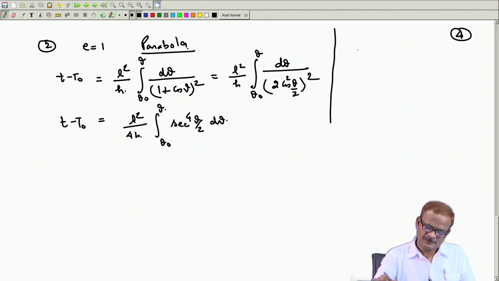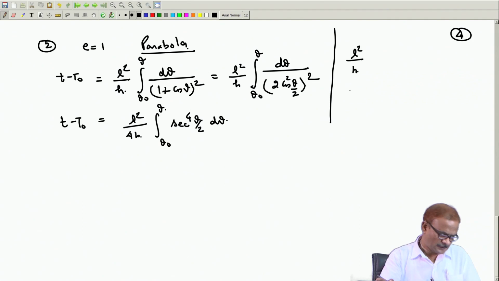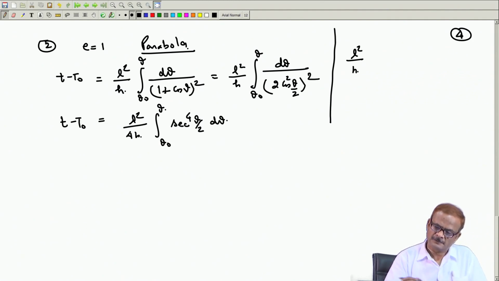So, one step we will write more, and we will try to reduce this in terms of L, since L square by h is there. We will remove it and make it in terms of h right now, or we can carry it also.